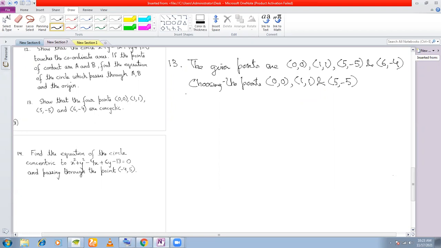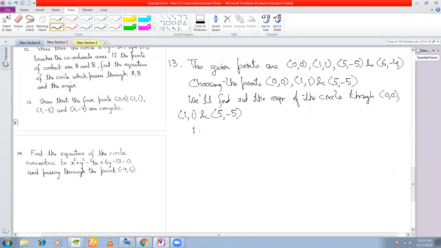Okay. So first we'll find out the equation of the circle through the origin, the point 1 1 and 5 minus 5. This is what we are going to find out.